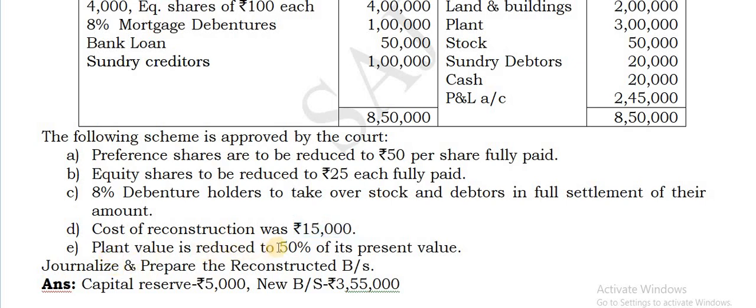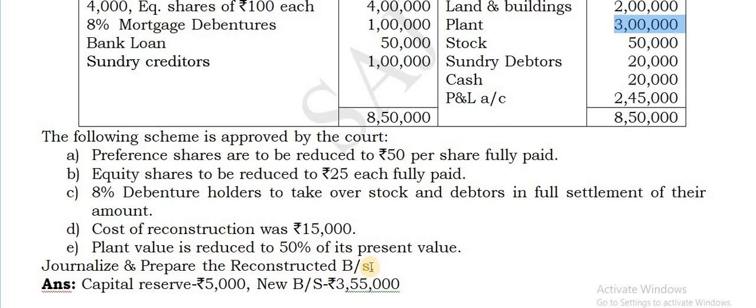Then plant value is reduced to 50% of its present value. Here the plant value is 3 lakhs, and it is being reduced to 1,50,000. So foregone, written off is 1,50,000. That also will be taken in the capital reduction account on the credit side.